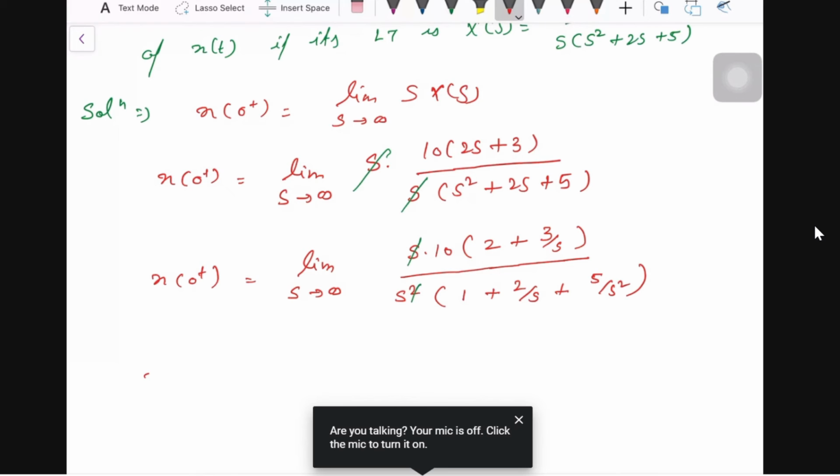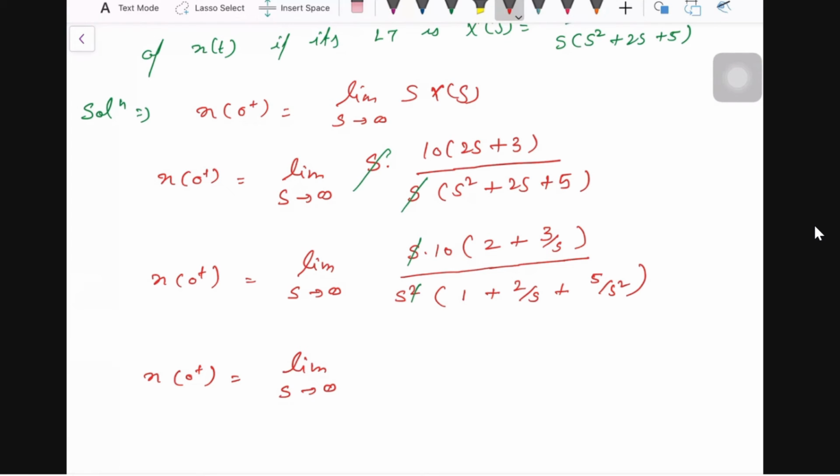So you can write x(0+) equal to limit s tends to infinity, 10 by s common, 2 plus 3 by s upon 1 plus 2 by s plus 5 upon s square.